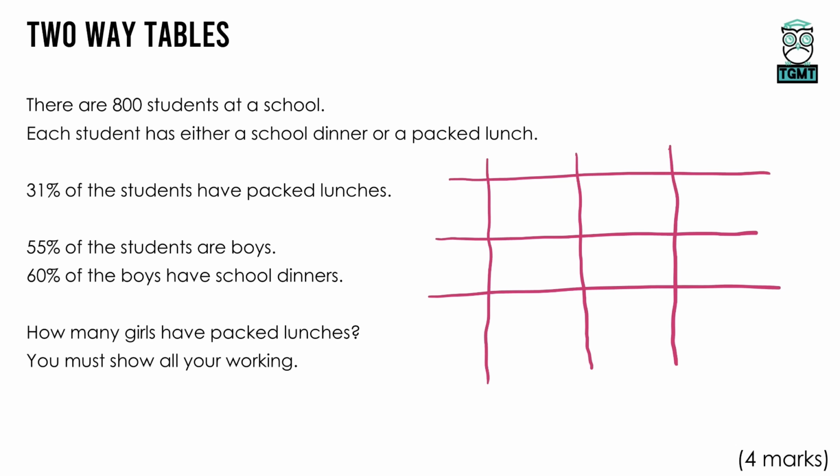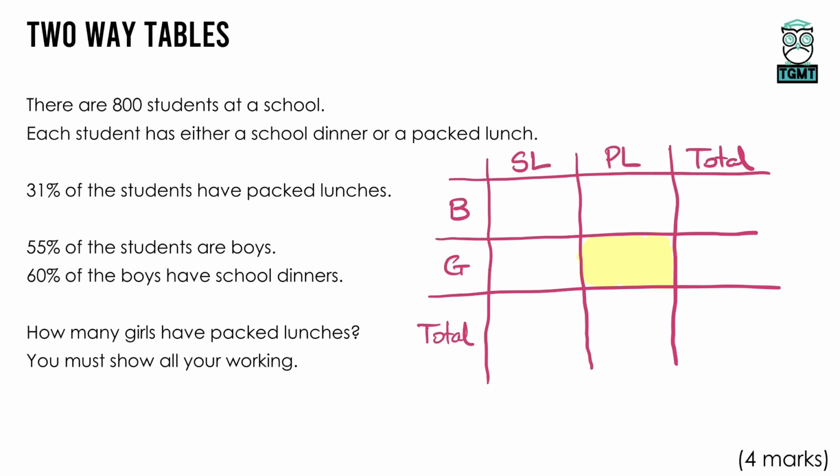So here, we're going to go for the school lunch, we're going to have the packed lunch, and we're going to have a total. We are then going to have the boys, the girls, and again, a total. And all we're going to do is try and fill in all these boxes. Ultimately, it wants to know how many girls have packed lunch, which is this box here. So our goal is to find the number that goes in that box.